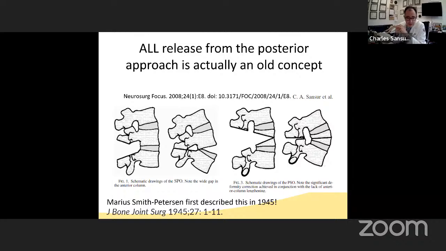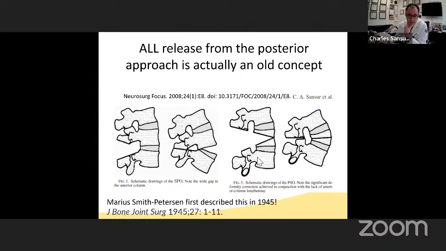This figure depicts an article from 2008 in Neurosurgical Focus, and this is an article that I published. Dr. Oskouian is actually a co-author on this, where you can see the original description of the Smith-Petersen osteotomy was one in which the posterior elements were resected, and when compression was performed across the posterior segments, the anterior longitudinal ligament essentially was cracked, and you have an anterior lengthening procedure.